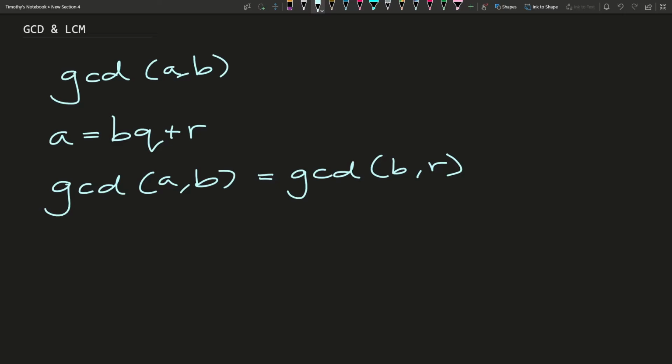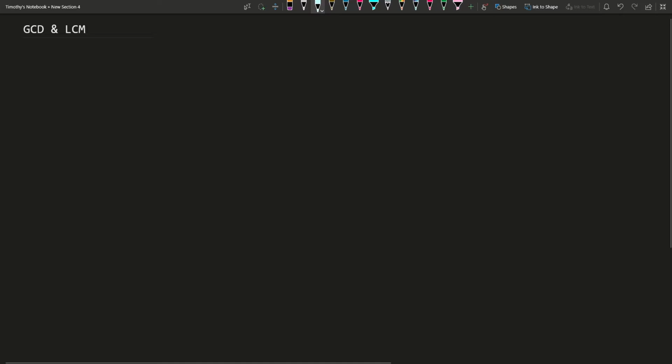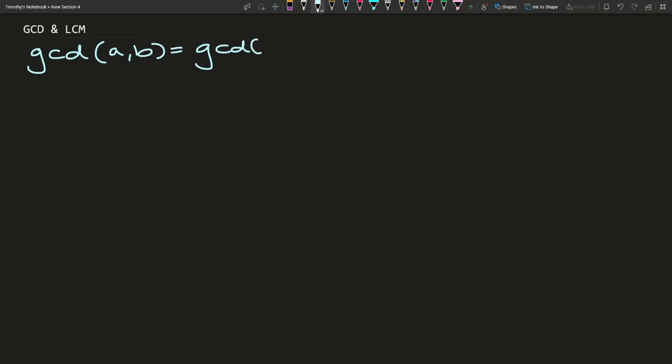So let's look at an example. Keep this in mind once again, what the Euclidean algorithm is saying. I'll write it up here a bit smaller. The GCD of A and B is equal to the GCD of B and R, if we have the equation A is equal to BQ plus R. Okay, so let's look at exactly how this is going to work out.